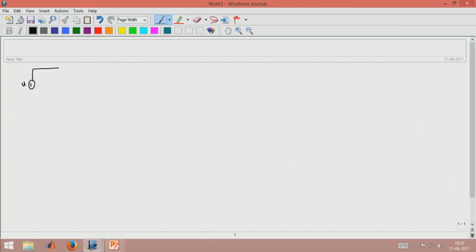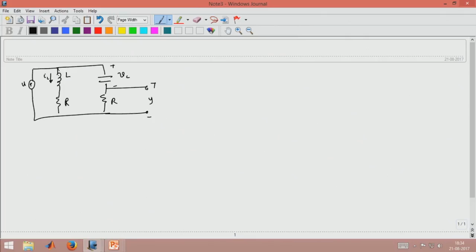I have a U, L, I have a R, so this is R, this is R. I measure the output as the voltage here, plus minus Y, this is plus minus Vc, the current here is IL, and it's quite natural to choose IL and Vc as the states of the system.